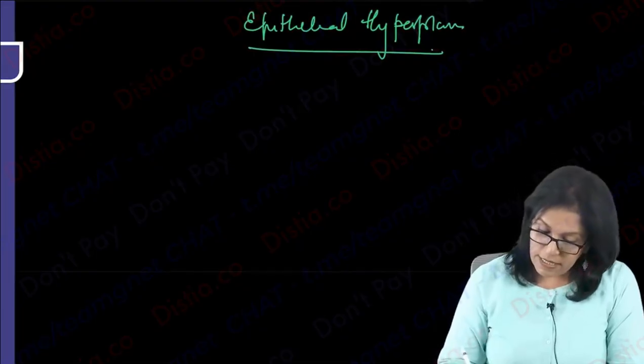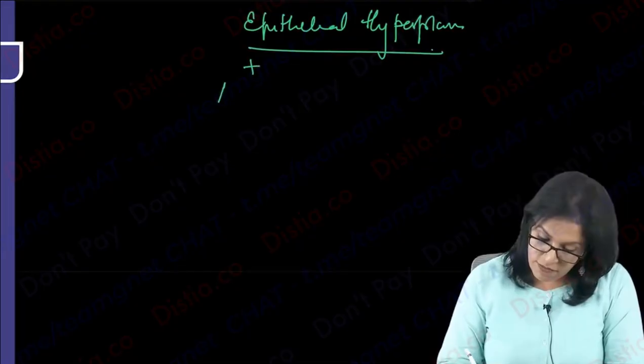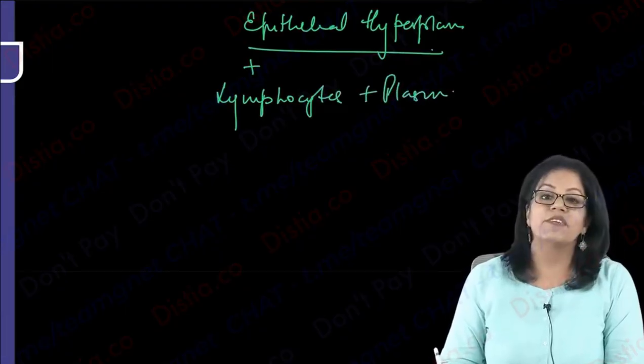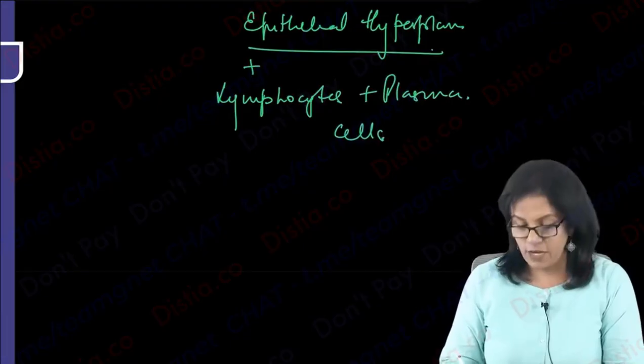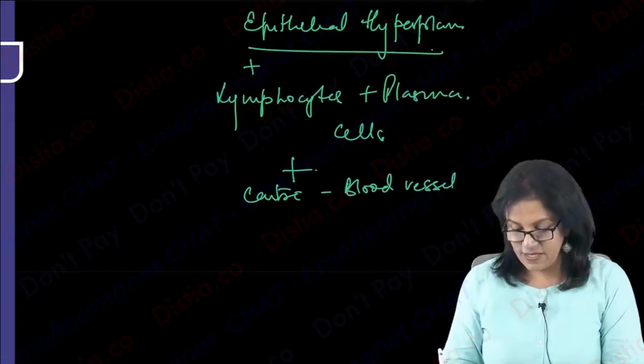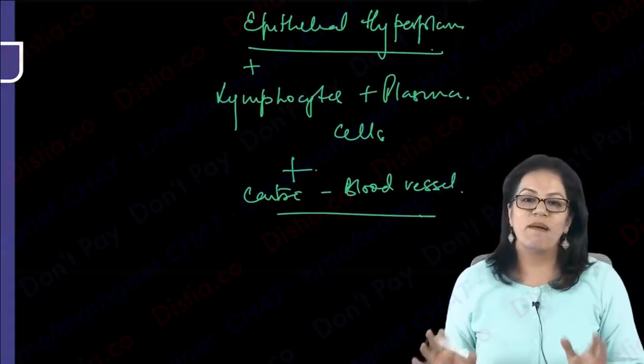This epithelial hyperplasia happens along with lymphocytes and plasma cells aggregating, and very, very important, which is the main differentiating point pathologically from a follicle, at the center there is a blood vessel. Keep this in mind. This is what is called a papilla.